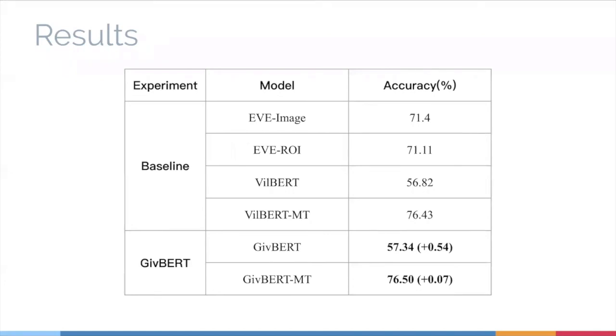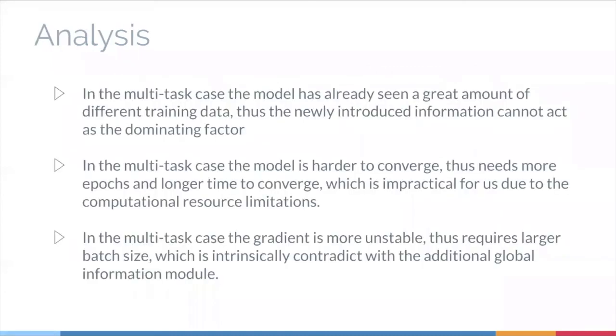As shown in the table, the newly introduced global information can bring as much as 0.54% improvement to the vanilla GivBERT trained on a single task and 0.07% improvement to the vanilla GivBERT trained on multiple tasks. The reason why we see more significant promotion in the single task case should be that, first, in the multitask case, the model has already seen a great amount of different training data.